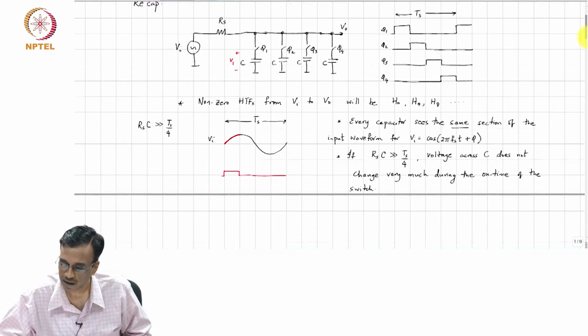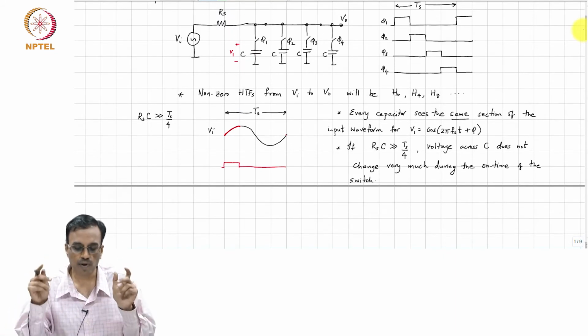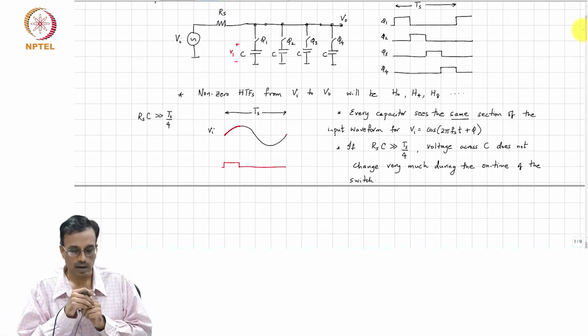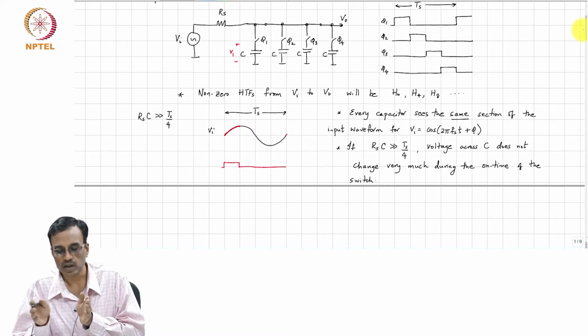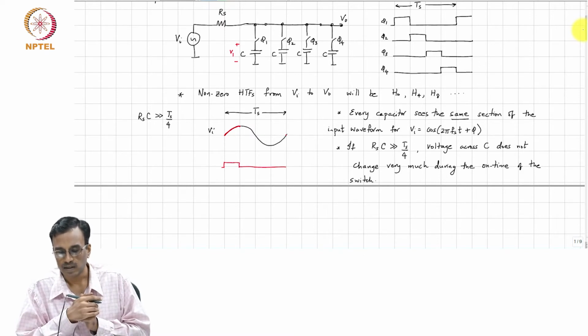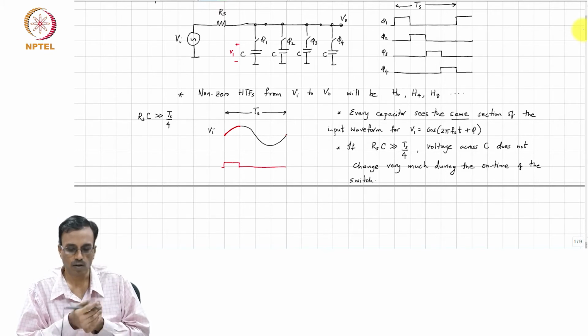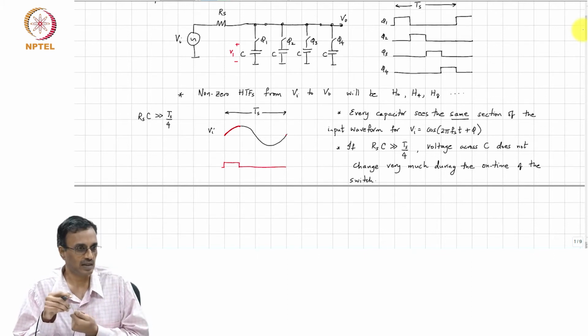So, that is the intuition for band pass behavior, right. And we have also seen that obviously the band pass filter center frequency depends on T_s, or the clock frequency F_s, and therefore changing the center frequency is simply changing the clock frequency.